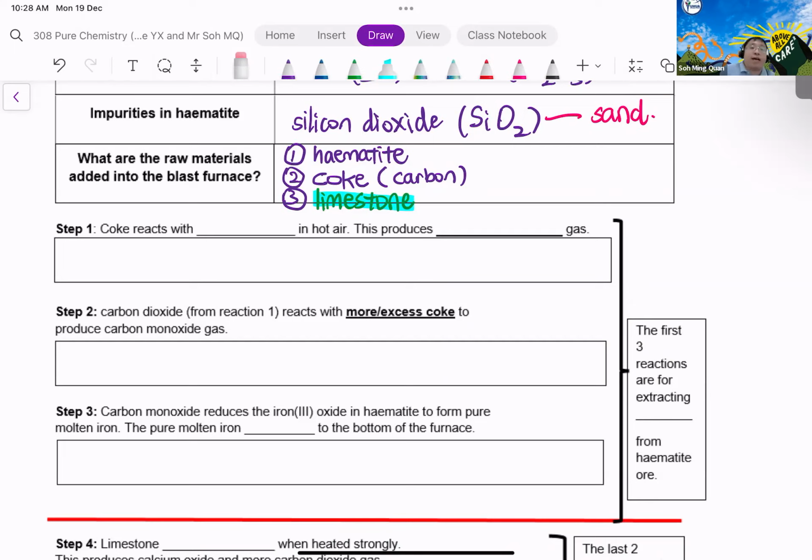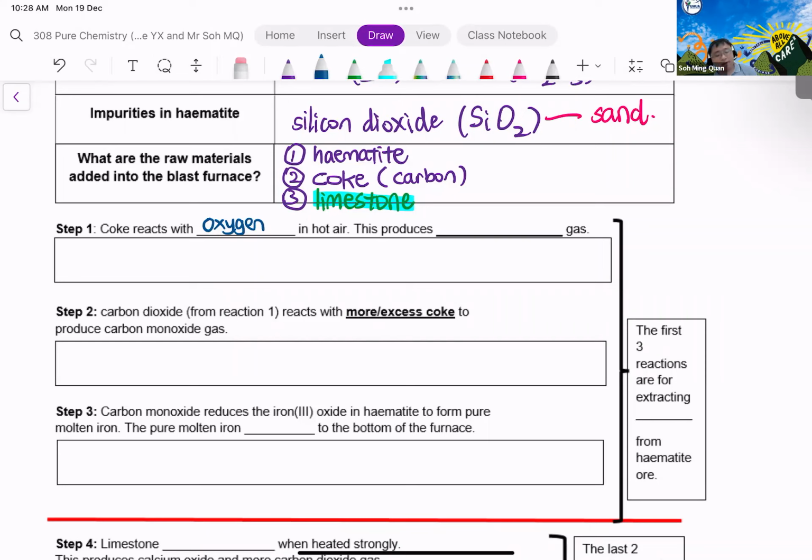Okay, so there are 5 reactions. We're going to divide it into step 1, 2, and 3, one group. Step 4 and 5, another group. We will explain why later. Okay, so step 1, coke. Coke is carbon, right? Coke reacts with oxygen in hot air.